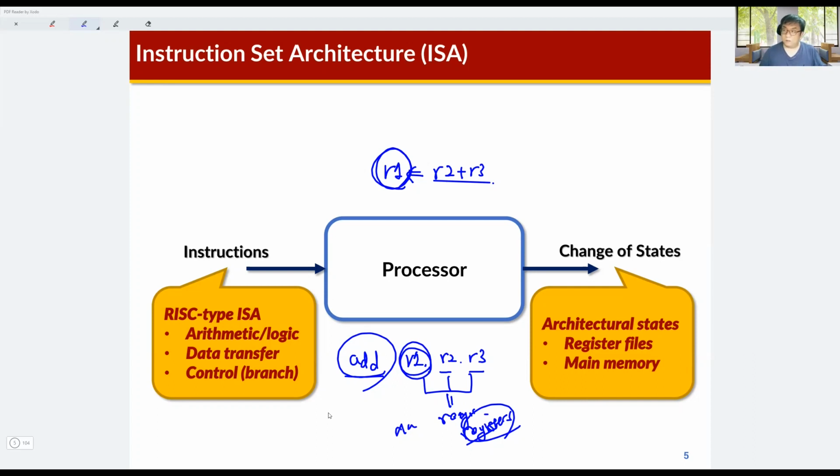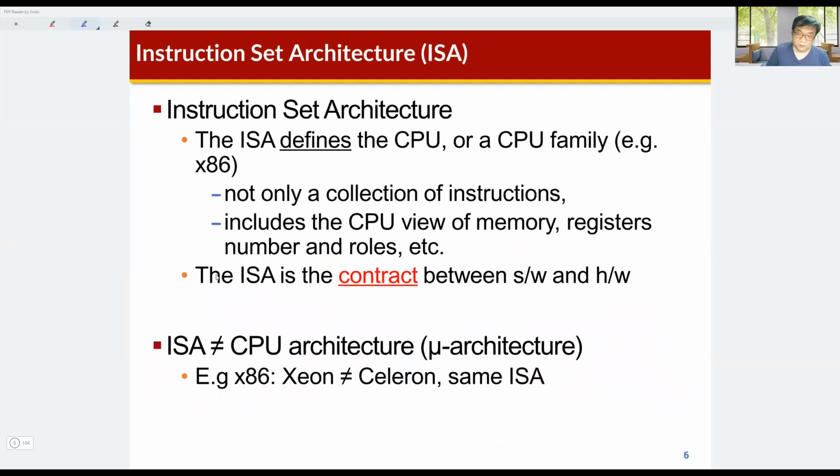But basically, instruction set architecture just defines the behavior of instructions. So instruction set architecture is the contract between software and hardware.